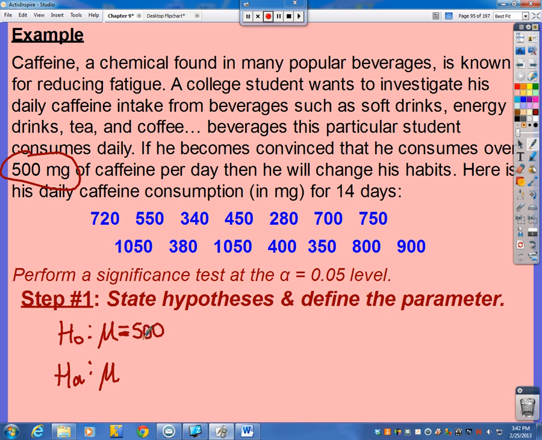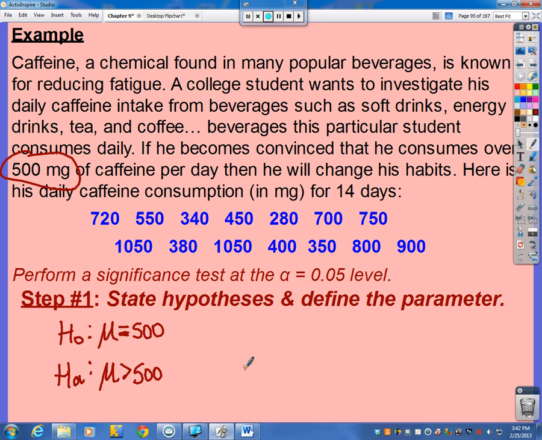So if we're at 500 milligrams, or technically less, but we're not going to write less, then we're not going to change our habits. If we are over 500 milligrams of caffeine per day, then the college student will change his habits. Okay, why 500 milligrams? Who knows? Maybe he read something that said that over 500 milligrams of caffeine on average daily is bad and may lead to adverse health effects.